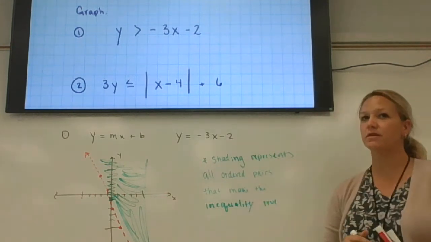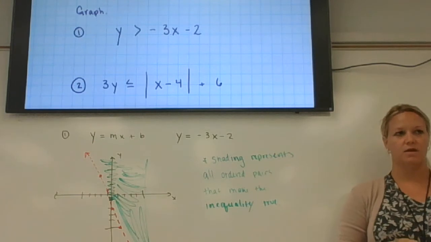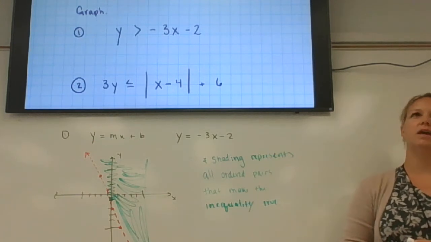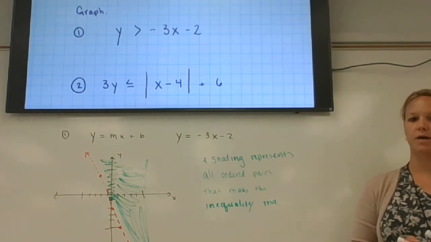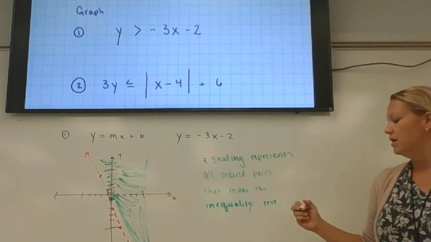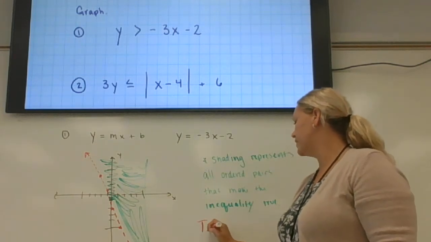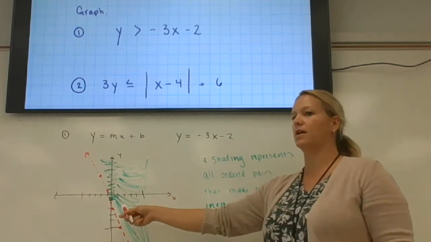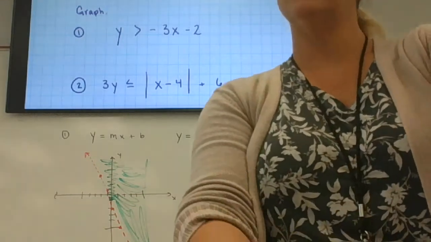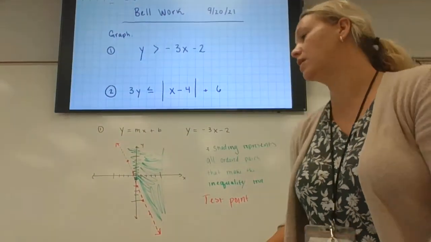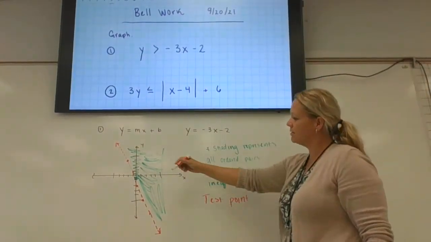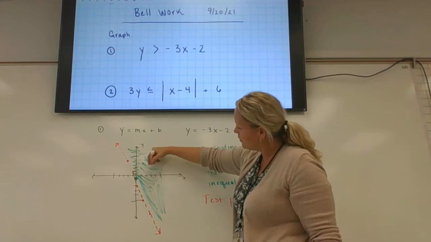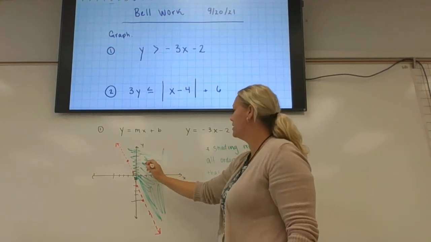Should we test one? Tell me any ordered pair in the shaded part. So a test point. So a lot of times I could have taught you, instead of shading up, I could have said, try a test point, but it's a little more difficult. So my test point's going to be 4, 2, 1, 2, 3, 4, up to. It's in the shaded part.